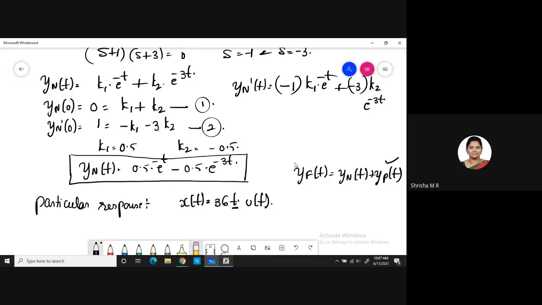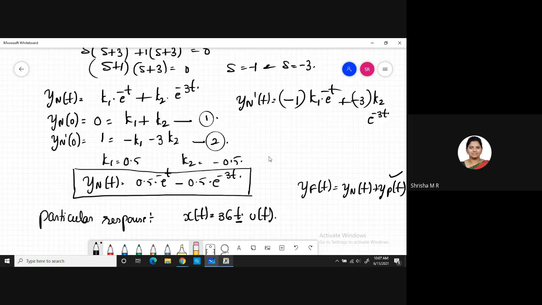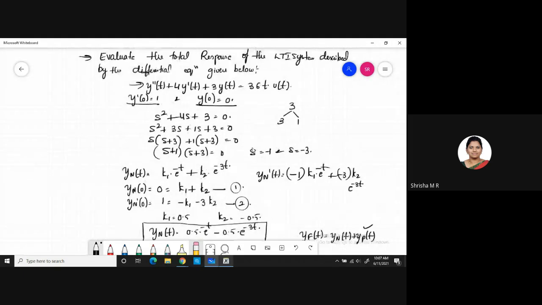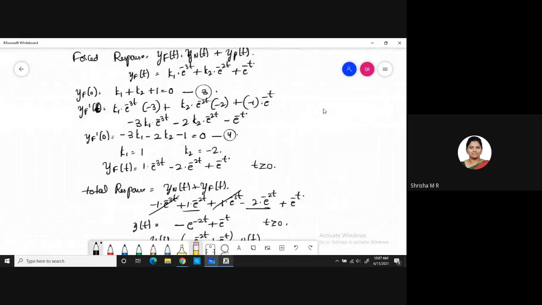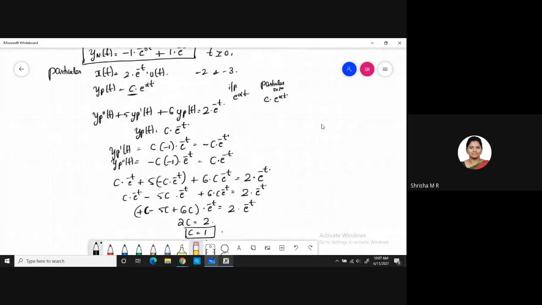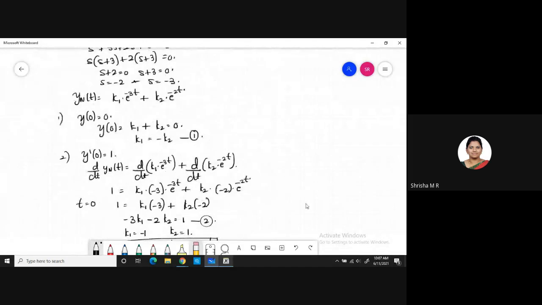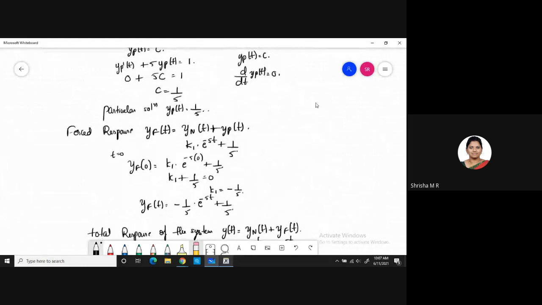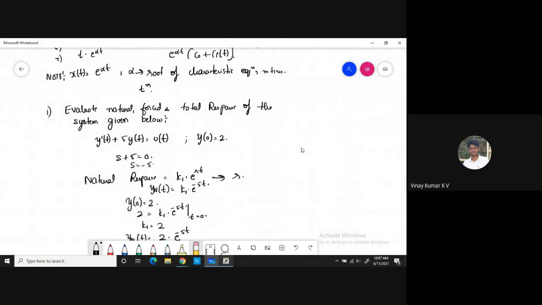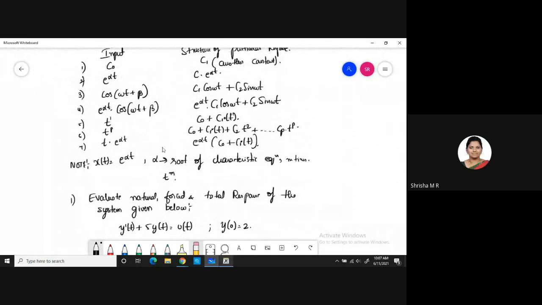What do you get if it is t? C naught plus C1 into t, correct?